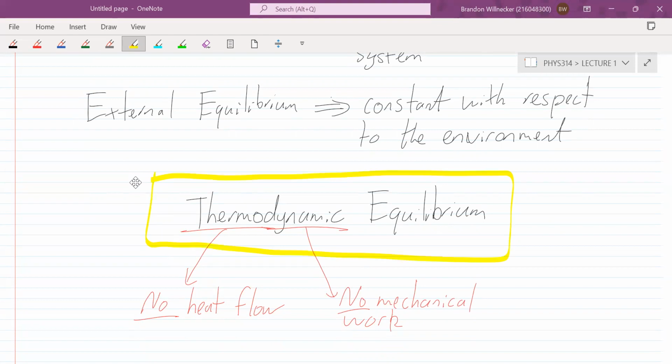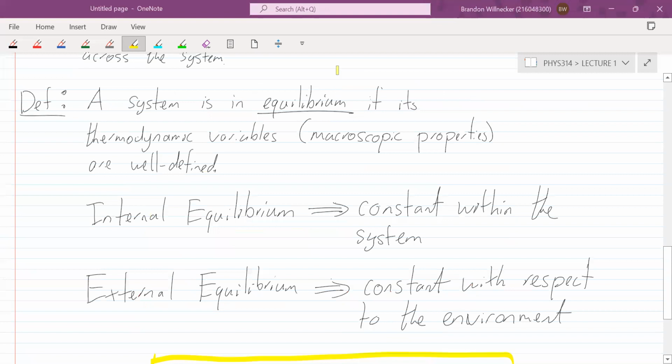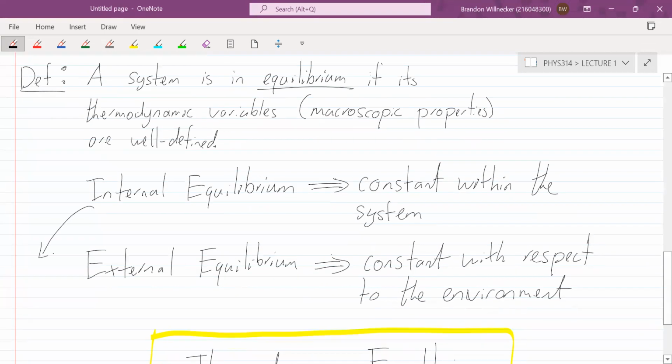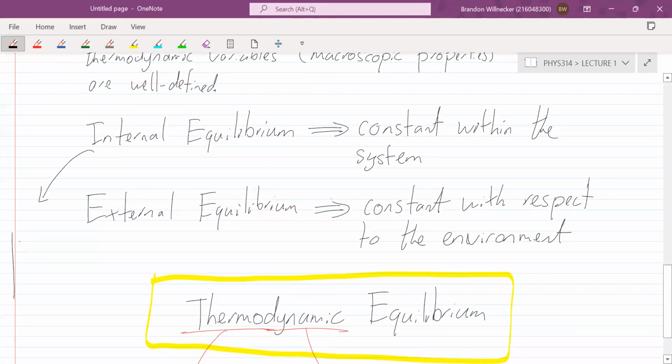Do you want an example of internal equilibrium? So an example for internal equilibrium, let's say we've got a box with gas particles moving around, and there's uniform pressure distribution.